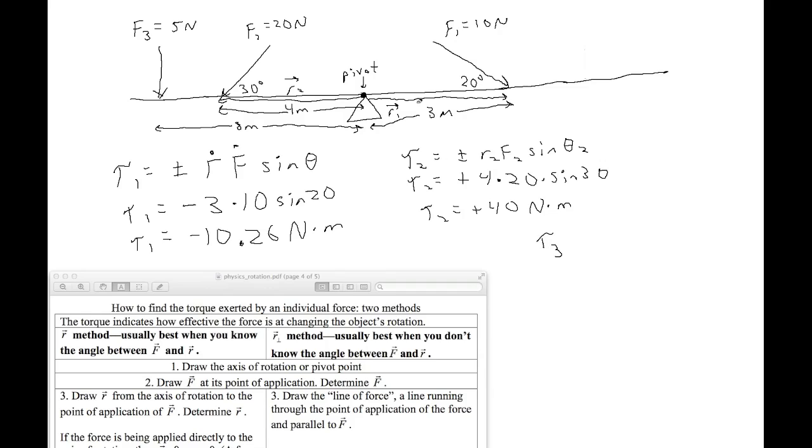Okay. So torque 3 is also going to be counterclockwise, and it's going to be 5 newtons times, would that be sine of 90 degrees since it's perpendicular to R? Okay. And then times 8 meters. So that would be positive 40 Newton meters.